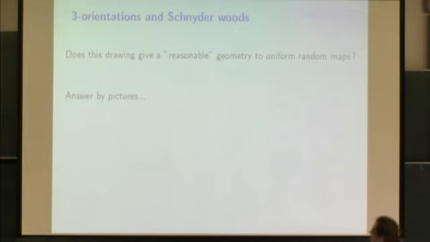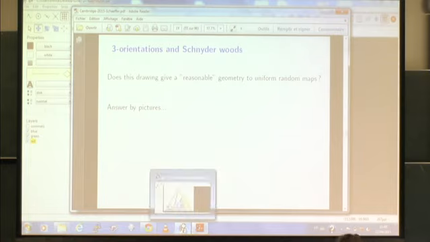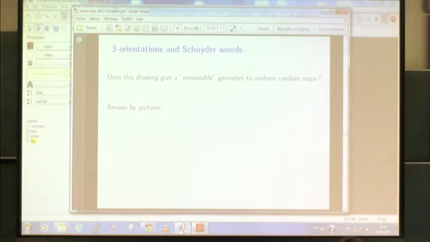So we could ask this question: does this drawing give a reasonable geometry to a uniform random map? In order to see this, we make a picture. Okay, my mouse doesn't work anymore. Here it is.